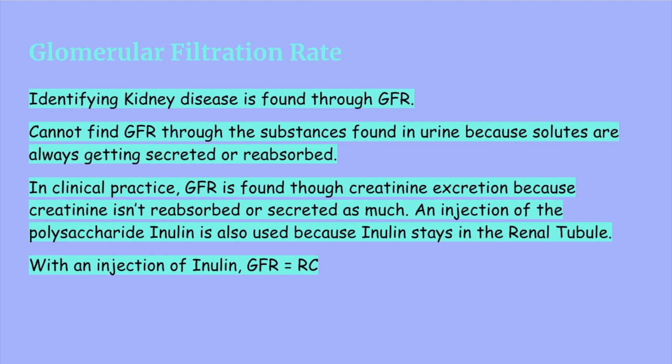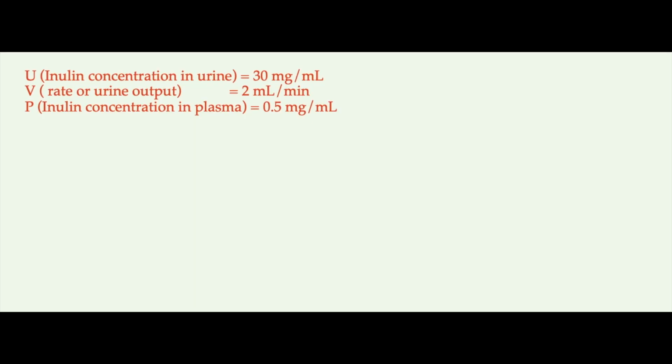To understand this, let's move over to the ThinkPad. Alright, so we're at the ThinkPad and we want to understand how inulin injections can make a glomerular filtration rate test more accurate, so it could equate to the renal clearance. To find glomerular filtration rate with an inulin injection, we're going to replace renal clearance with glomerular filtration rate in the equation.